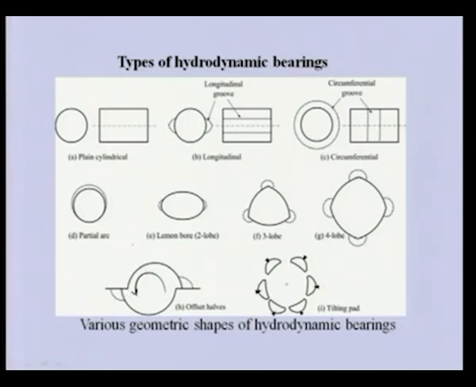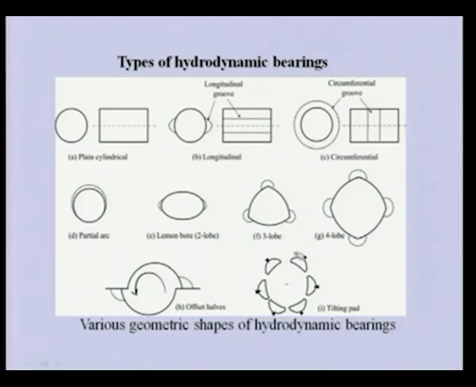Why we provide different shapes is a question, why we are going from cylindrical to various shapes. So, generally from a stability point of view, the plain cylindrical journal bearings are most sensitive to instability, and to avoid that we provide different kinds of shapes, and the most stable bearings are the tilting pad bearings.